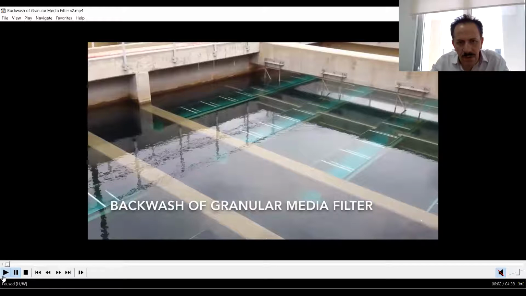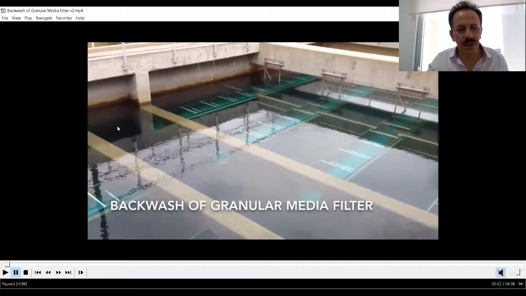Now we push the water inside the filter. The destination of the clean water is just to pass through the filter media and keep cleaning the water. When the process is reversed, it means it will be backwashed. I have to stop the inflow of the water from this gate.